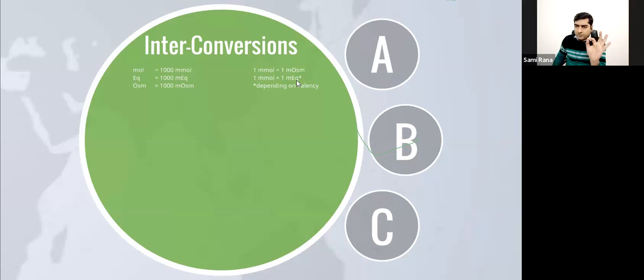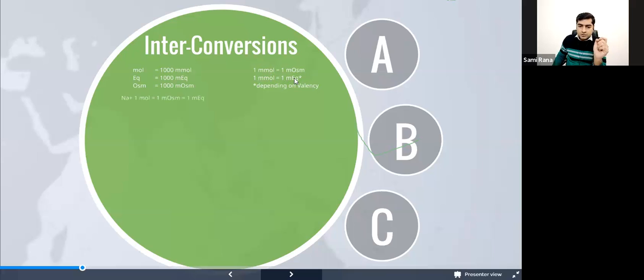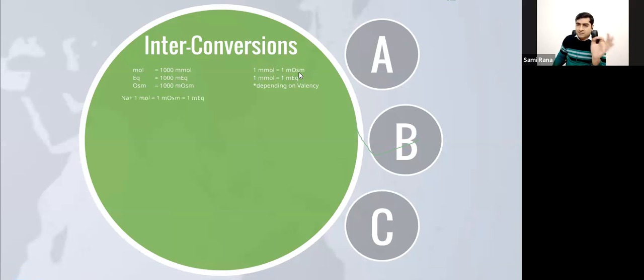But for milliequivalents, this is about the valency. If the valency is 1, either plus or negative, doesn't matter, then this is going to be equal to millimoles equally. But if the valency goes to 2, for example, magnesium has a valency of 2, either positive or negative, any element, then there are going to be 2 milliequivalents in 1 millimole.